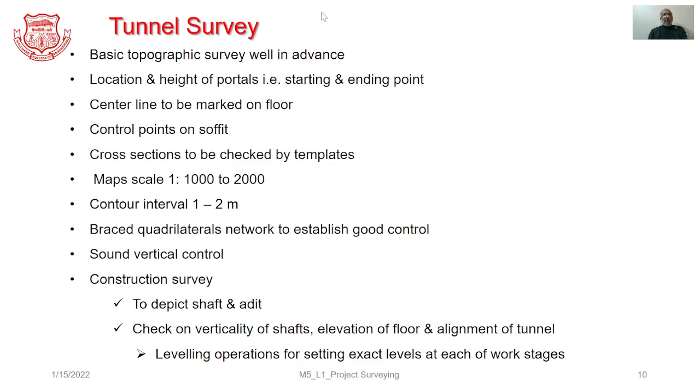Here, the execution needs sound vertical control, and the construction survey will be helpful in order to depict the position of the shaft as well as the adit. Also, there is a need to establish a check on the verticality of the shaft, elevation of the floors, as well as alignment of the tunnels.